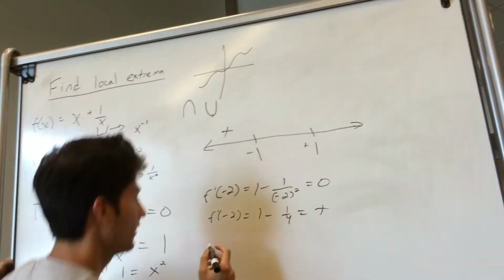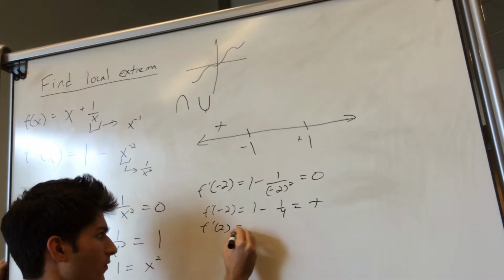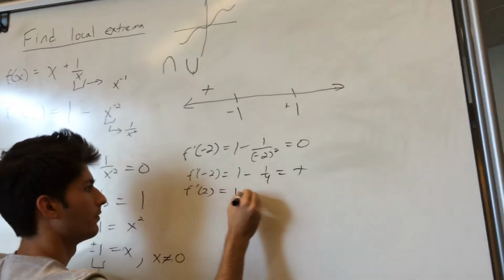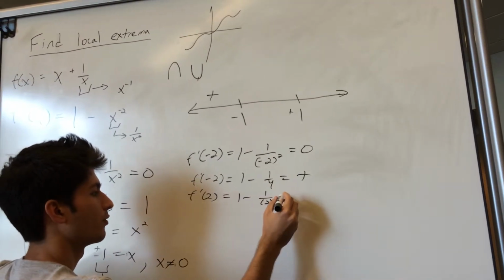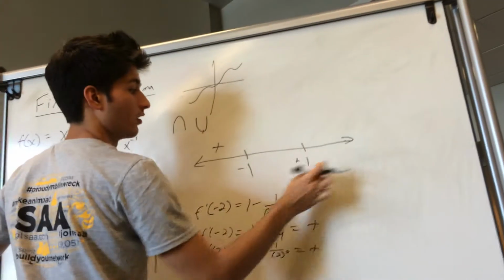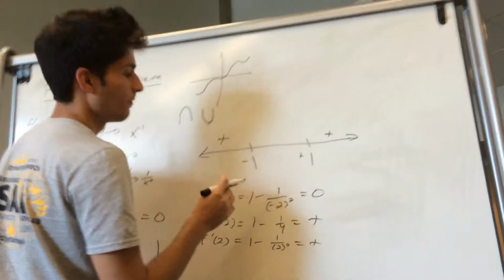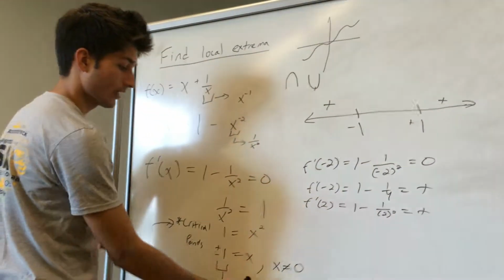We can do the same thing over here. The derivative of f at 2 equals 1 minus 1 over 2 squared. It's going to give us a positive number as well, so anything bigger than 1 is going to be positive. Then we can test a value in between. We cannot test 0, because x cannot equal 0, as we saw.